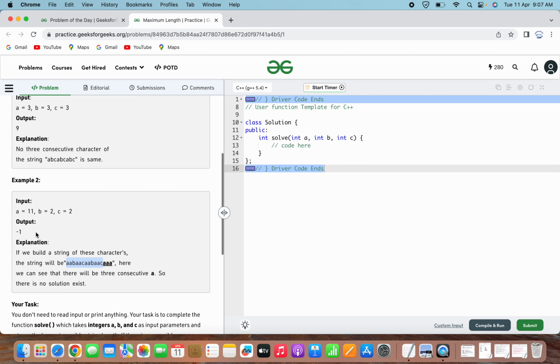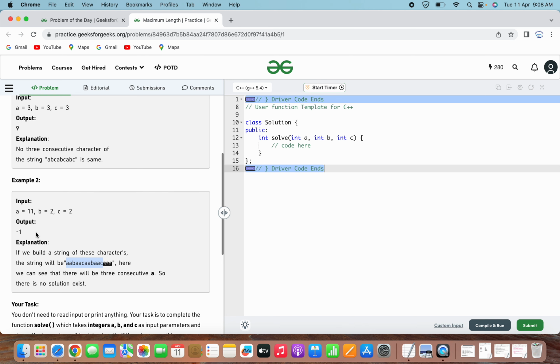So there will be three consecutive A's, the output does not exist, so the output is -1. Okay, for solving this problem, the idea is that for any two consecutive characters that occur in the string, we can insert a third character between them to avoid three consecutive characters being the same. However, we need to make sure that we have enough occurrences of the third character to insert between all the pairs of the other two characters.